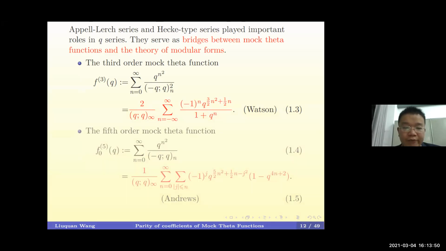And similarly, for the fifth-order mock theta functions, in the 1980s, George Andrews, by using the Bailey lemma, found that the fifth-order mock theta functions admit Hecke-type series representations. This is shown as an example in equation 1.5. We can see that f0(q) can be written as 1 over (q;q) infinity, the product, times another Hecke-type series. So again, to understand the modularity, we just need to study the Hecke-type series. As I said, these two kinds of series are the bridges.